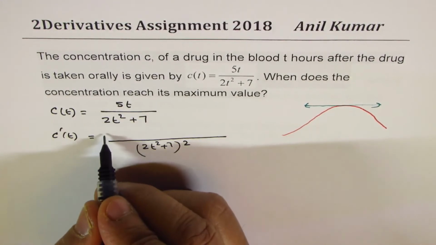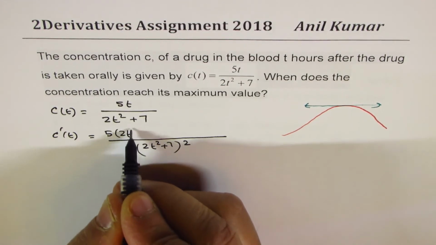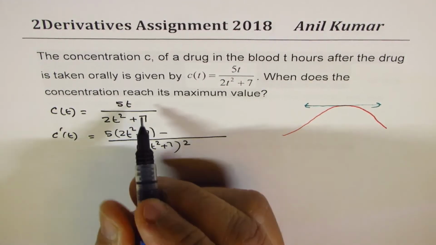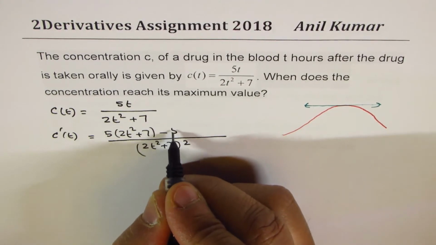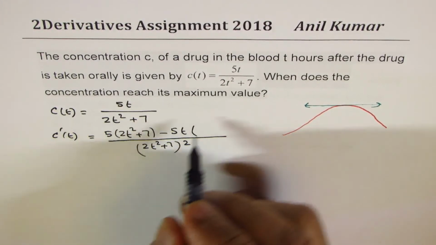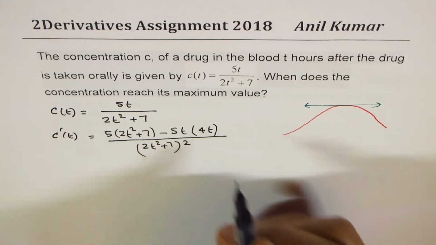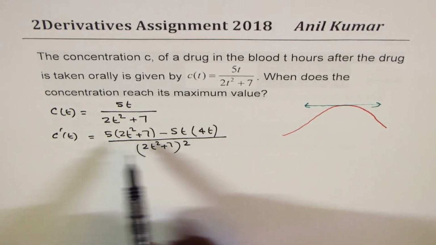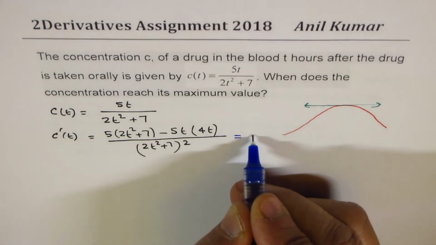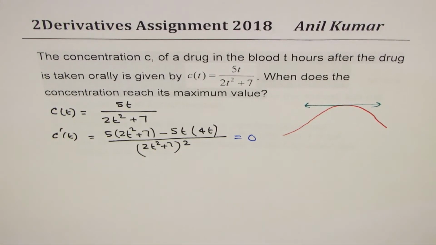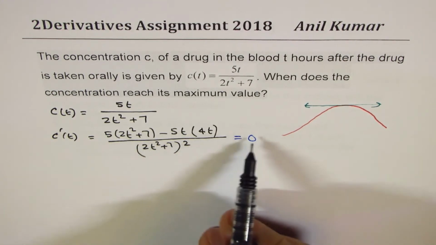Derivative of 5t is 5, so 5 times 2t squared plus 7, take away derivative of this function times 5t, or we can write 5t times derivative of this function, which is 4t, right? Now, the derivative should be 0, so we'll equate this to 0 to find t. That's the whole idea. So let's do that, and that really means that the numerator should be 0, correct?